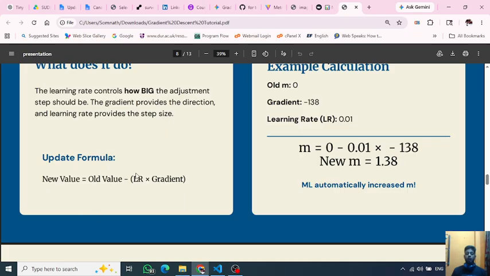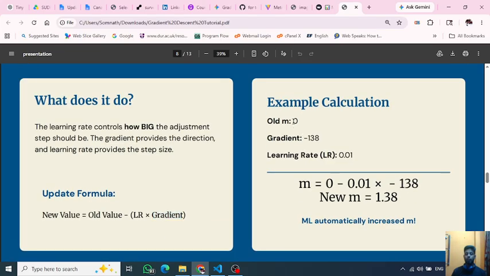So now the formula for calculating M: the old value of M minus LR, meaning learning rate, times gradient. So the old value of M was 0, the gradient is this one, and the learning rate is 0.01.